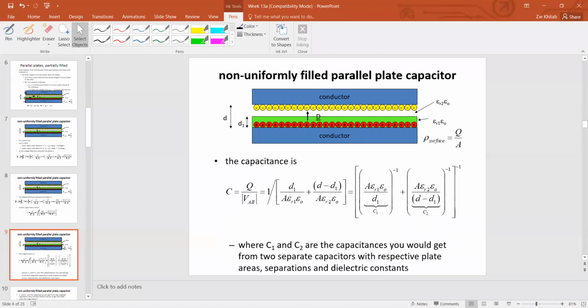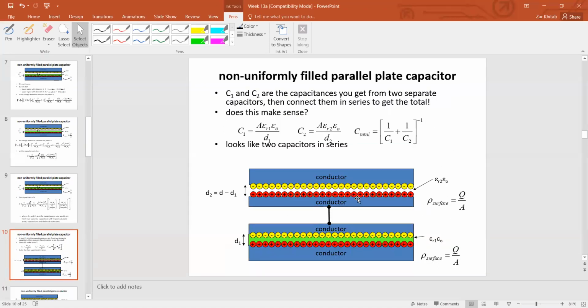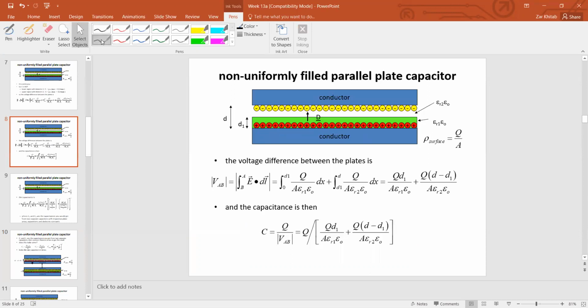We equivalently calculated this structure through some mathematics last time, and we showed that it's like we have another conductor at the boundary between the white dielectric and the green dielectric.